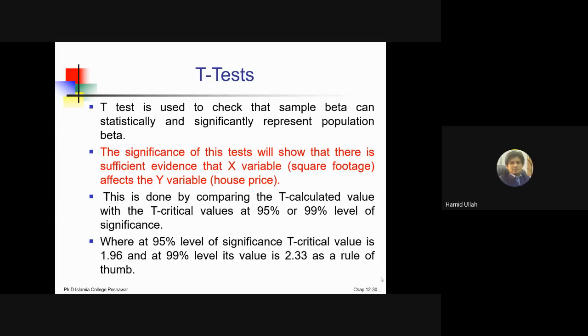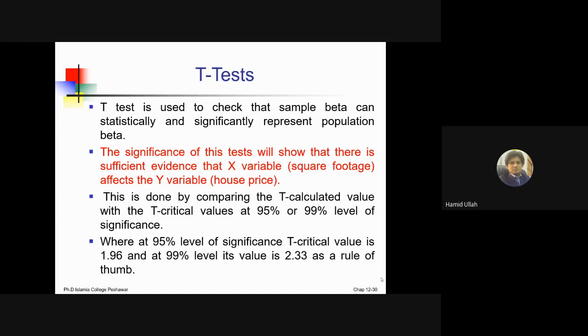Computation of the beta does not mean that this beta truly represents the population, the whole class. What I will be required to do now is compute the t-test. The t-test shows whether the beta that you have computed based on a sample of data is representing the whole population or not, whether this beta can be generalized to the whole population or not.